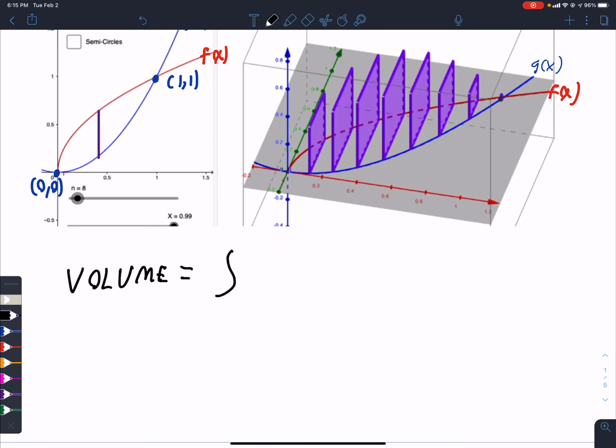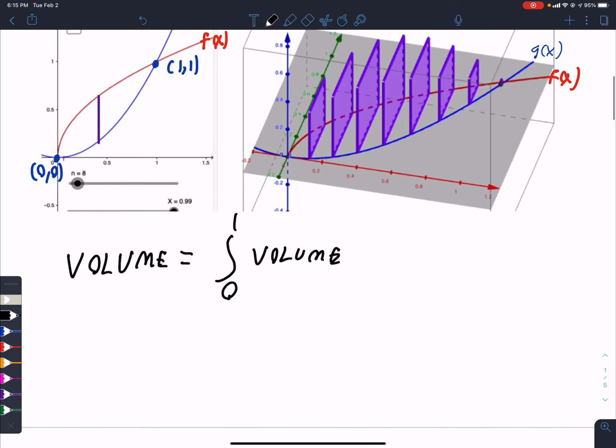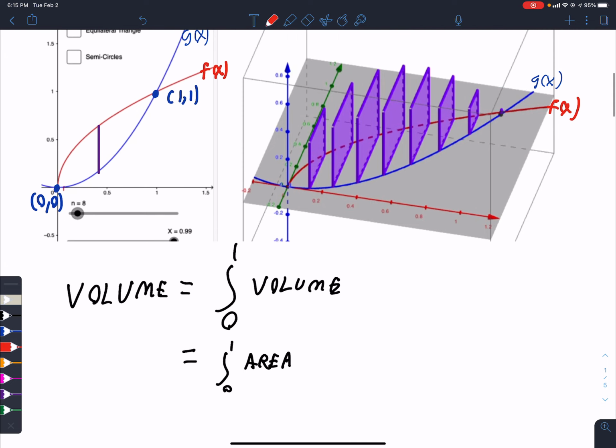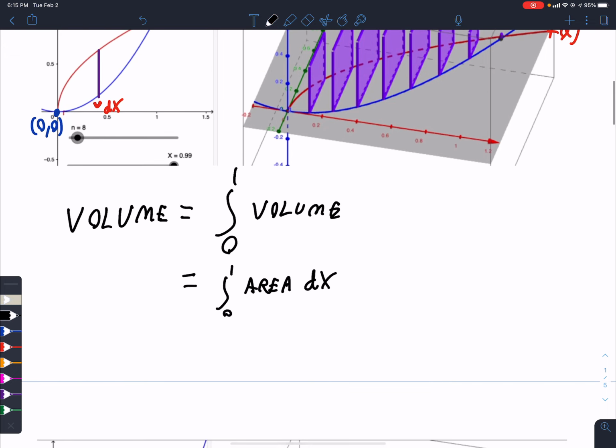So it's the integral from 0 to 1, and it's the volume of each square little sheet. But we know how to find volume. We did the volume of a prism is the area of the shape times the thickness. And what's the thickness here? That's the change in x. That's dx. So the thickness would be dx.